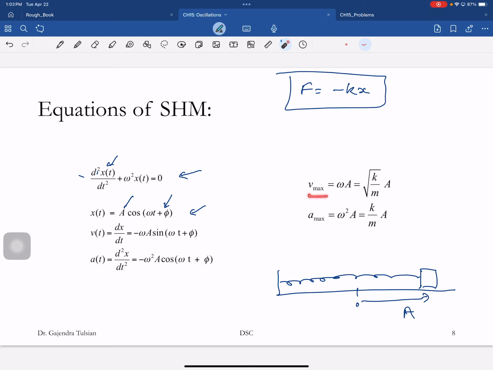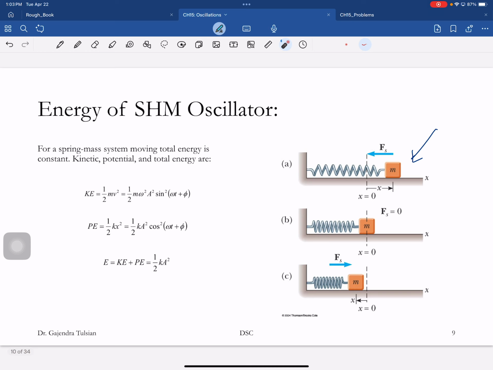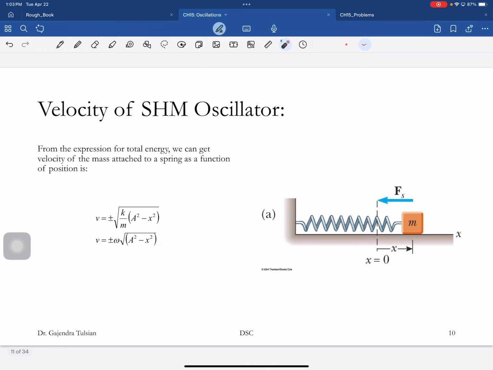So there's the maximum velocity, or the maximum speed, which happens at the equilibrium, and there's the maximum acceleration, which happens at the extreme points. All right, what does this expression give you? Is that equation talking to you?